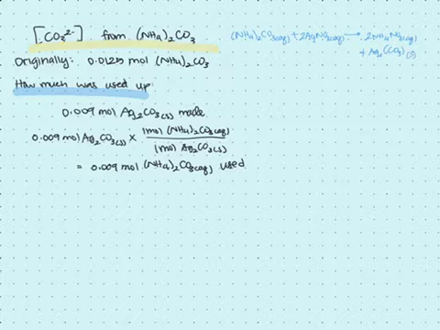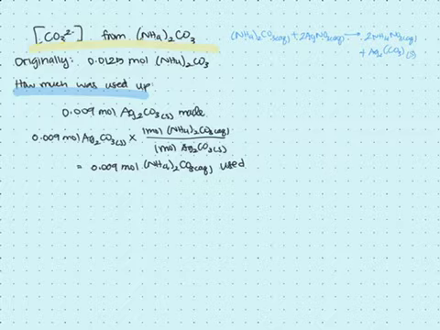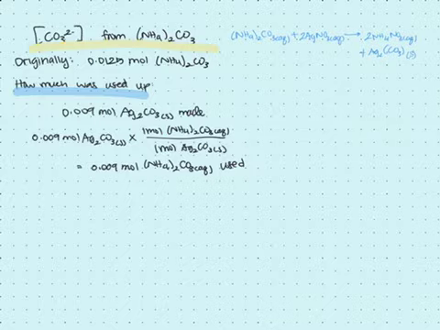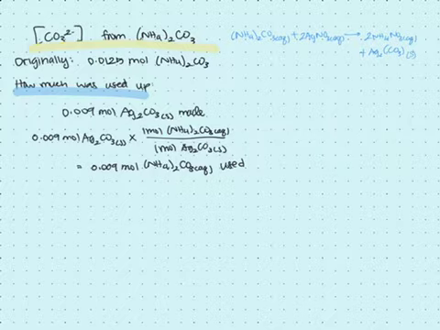We know at the start of the reaction there are 0.0125 moles of ammonium carbonate, and we need to figure out how much was used up. So we can do the same thing we did to find out how much of the precipitate was made by going in the reverse direction. We know that 0.009 moles of silver carbonate was made, and now to figure out how much ammonium carbonate was used, we do the same conversion with the molar ratio.